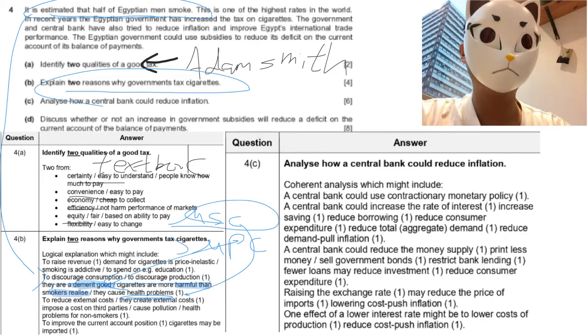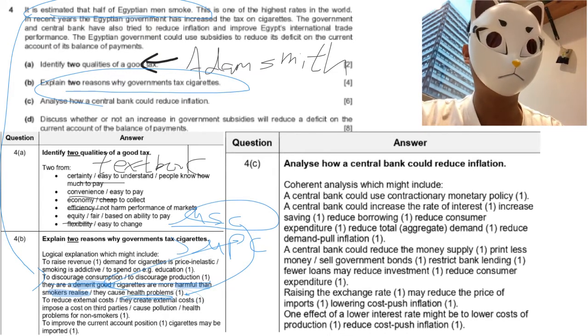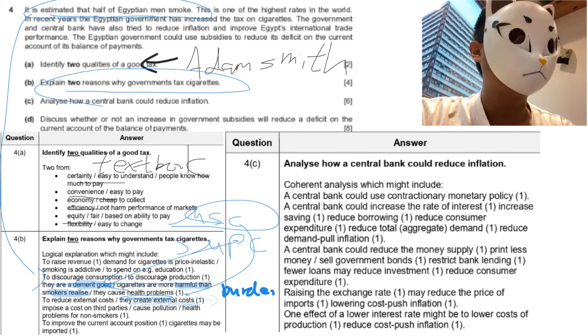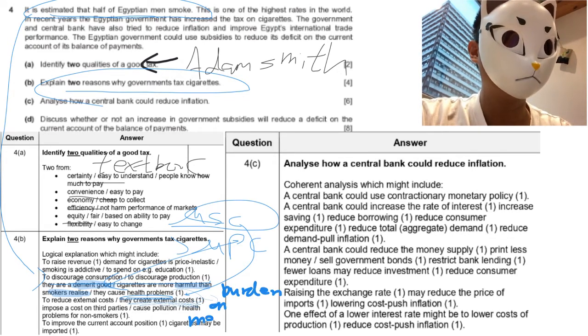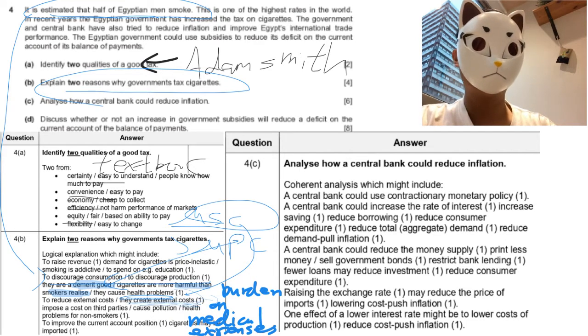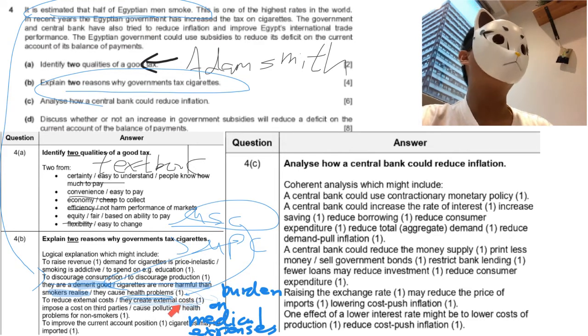This problem creates a kind of external cost. Say for example, it might raise the burden on the medical expenses. So good, these are what we call external costs.